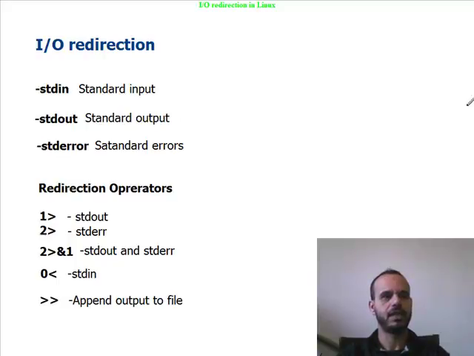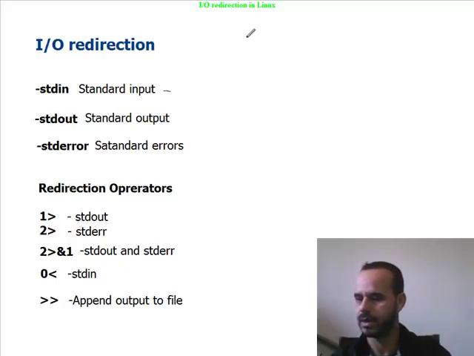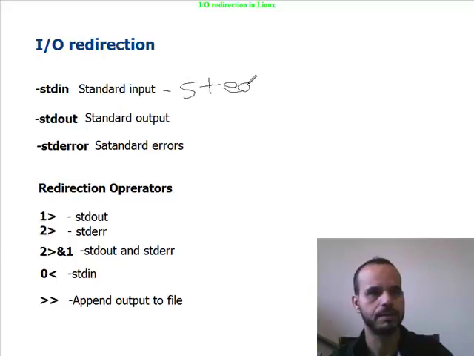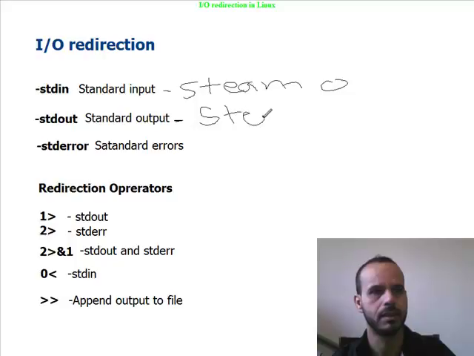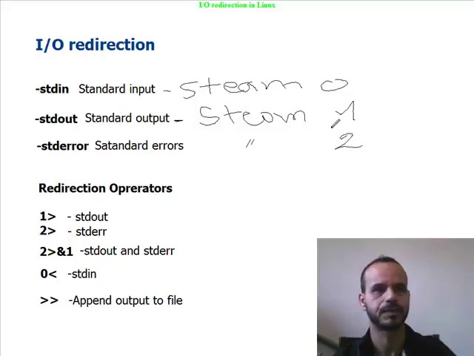Actually, we have the standard input, which is a stream of 0, and we have the standard output, a stream of 1, and standard error, which is the stream of 2.